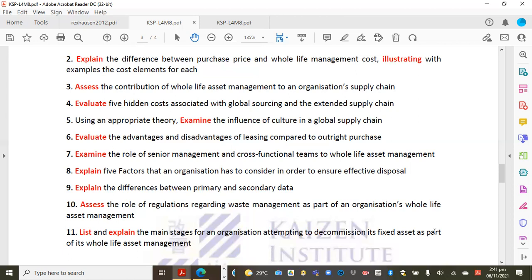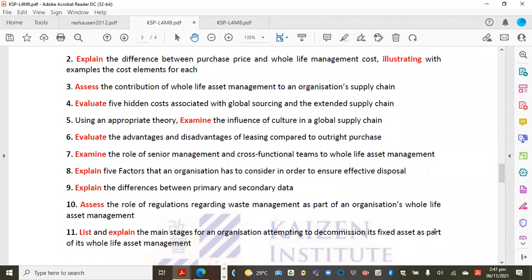The EPA Act is a very important regulation, and it regulates the environmental aspects of organizations. There is the Extended Producer Responsibility Act. It's global.